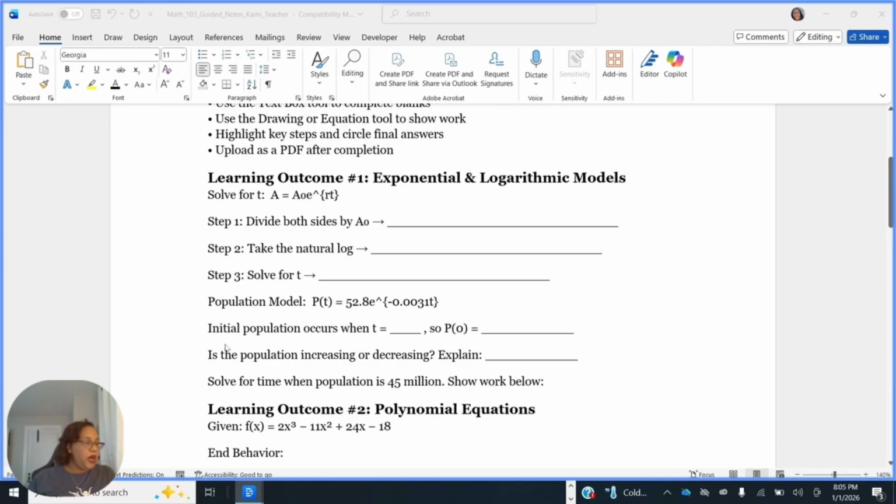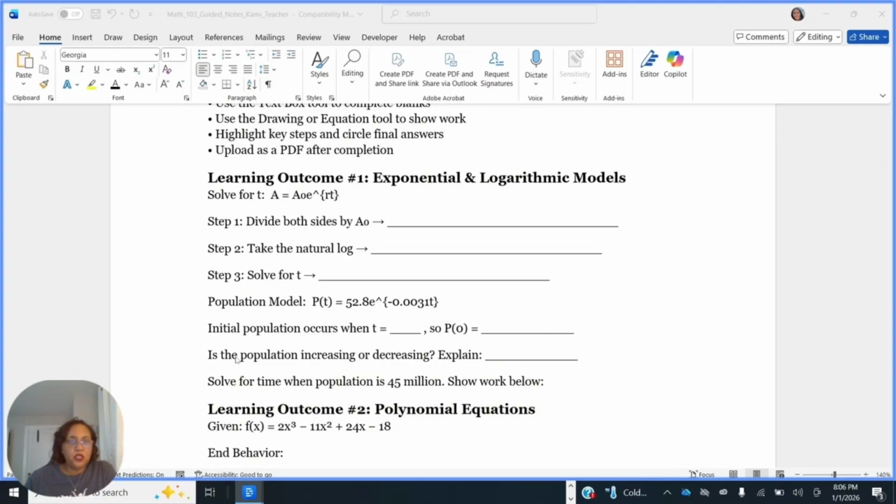The initial population, you're going to be given a number, right? The initial population occurs when t is equal to 0. So p of 0 equals e to the RT, where r is times 0 because it's times t.